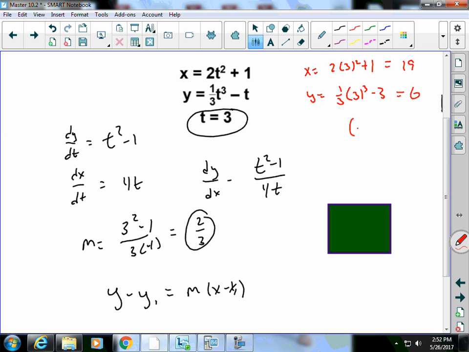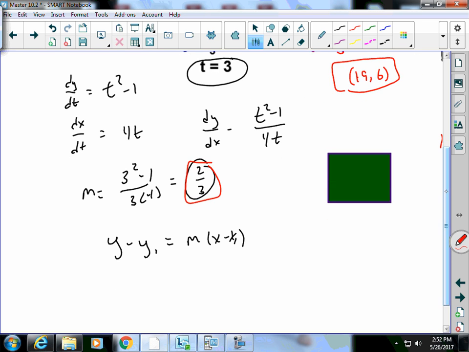So you need a point. Here's the point I'm going to look at, and here's the slope I want. Now I have everything I need to find the equation of the line. y minus its known y value of 6 is equal to the slope of 2/3 times x minus the x value, and the x value is 19, which we found just a few seconds ago.